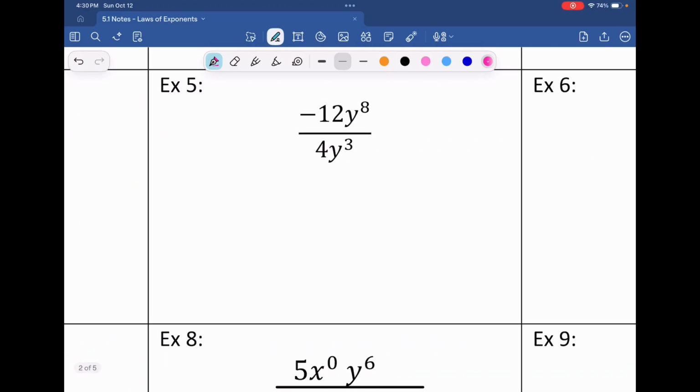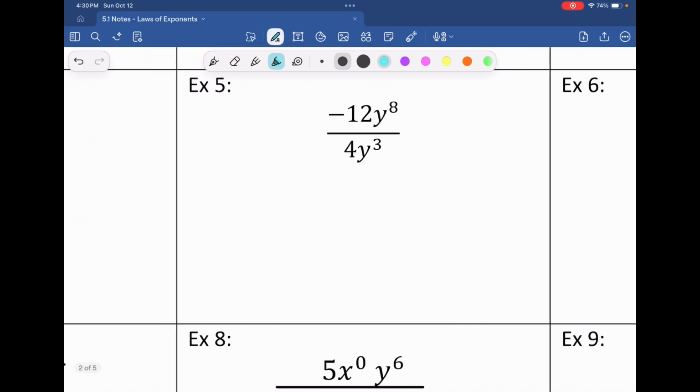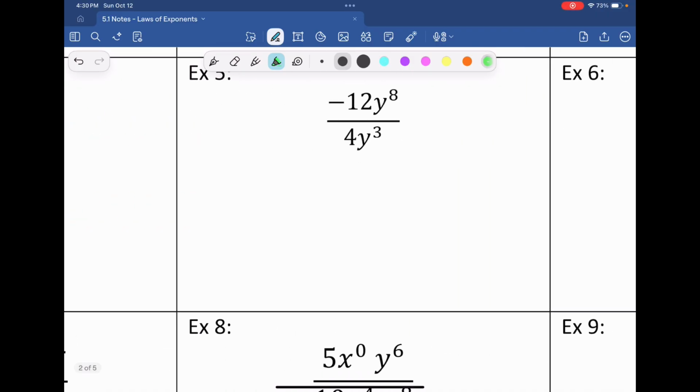Example 5. Start with the negative 12 and the 4. Both of those can be divided by 4. 4 goes into itself once. It's a negative 12, negative 3 times. Y to the 8th, y cubed. Divided by the same base, subtract your exponents. In this case, the 3 is smaller.